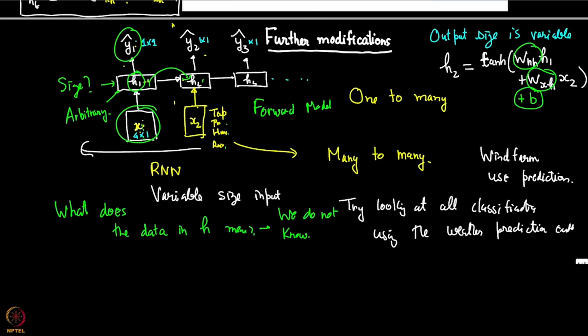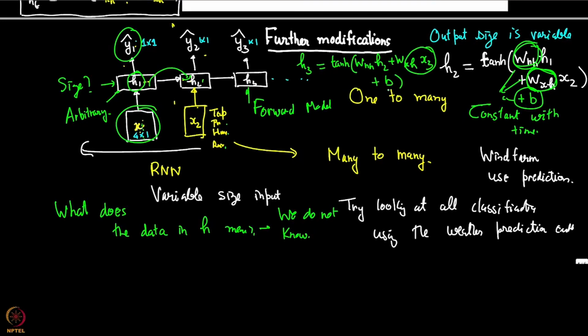Now, one final very important point, which is what gives power to RNNs, is that this W_HH and W_XH and B, these things are constant with time. What does that mean? If I write down H3, H3 is tanh of W_HH H2 plus W_XH X3 plus B, the bias unit.